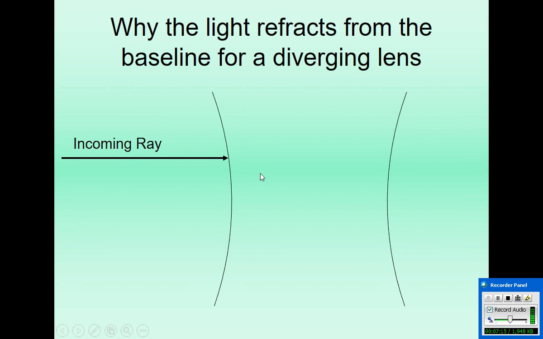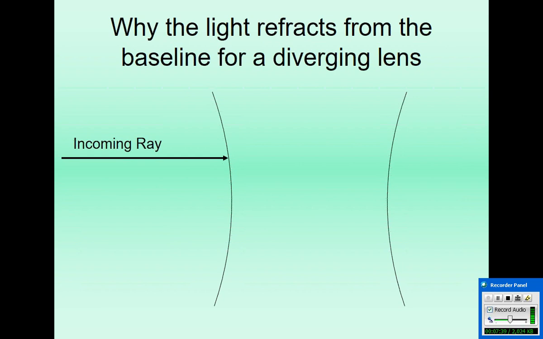It's going to obey the law of refraction, which is also known as Snell's law. The incoming ray is in air. The lens is made of glass. Glass has a higher index of refraction than air. And so the light ray is going to bend towards the normal when it refracts into the glass that makes up the lens.